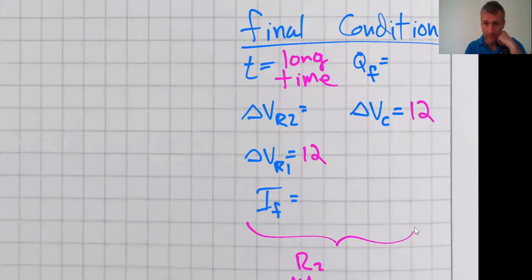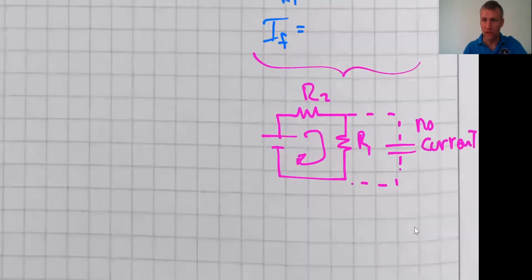We'll see. Hopefully it stays on. And then this was the little model that you could use for the long time later. All the current flows through R1 and R2. They're basically in series, and there's no current flowing through the capacitor. It is hanging out there, but it's not really affecting things.